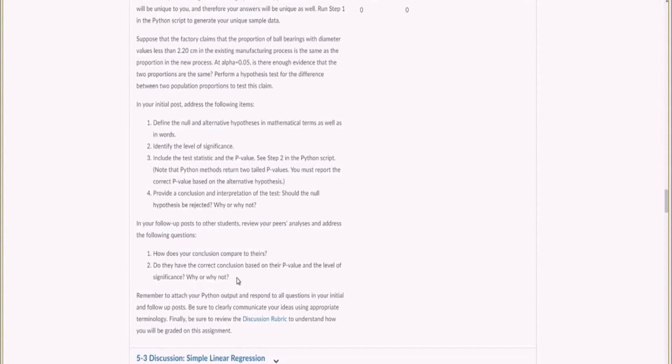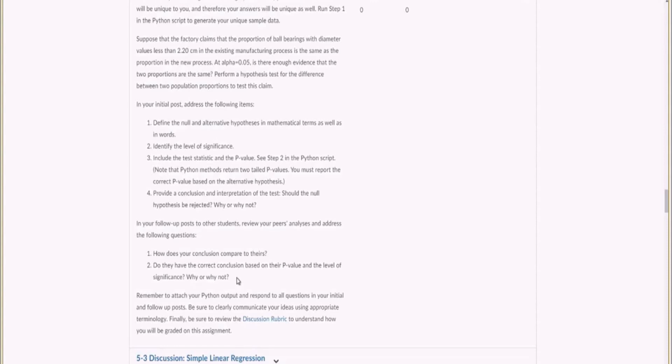On the other hand, the alternative hypothesis is that they are not the same, which in this case is the not equal sign. If we write those hypotheses, we comply with step number 1. The level of significance is given to us as alpha equals 0.05. So we now know what level of significance we're using for the test.